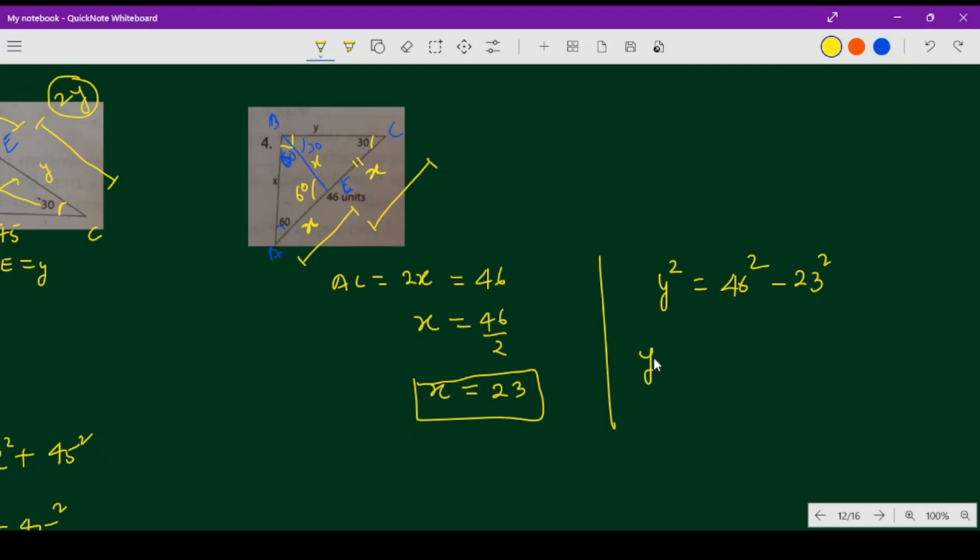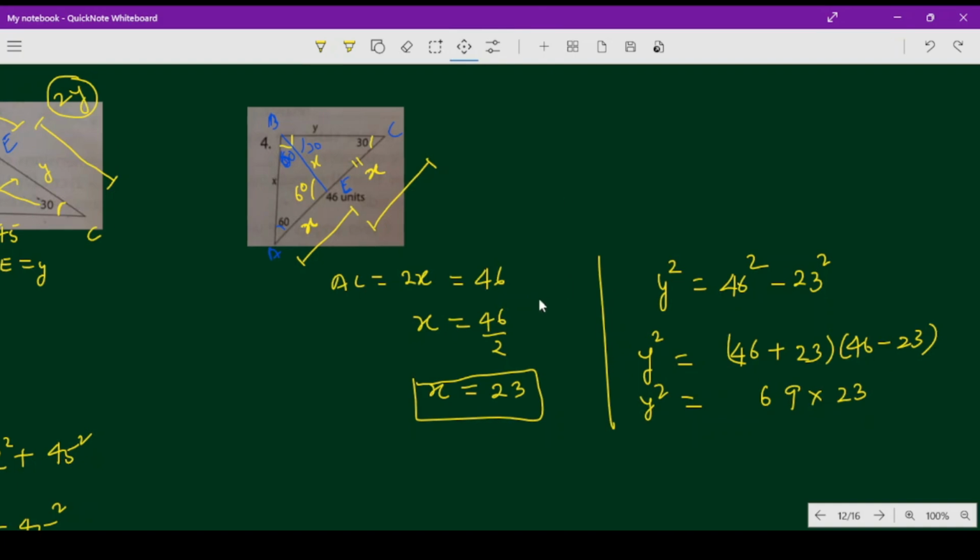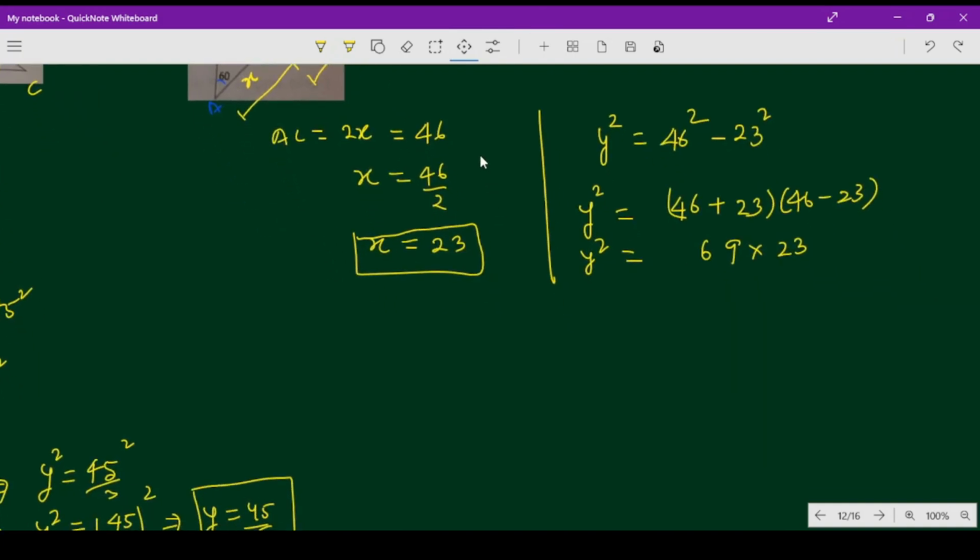If we use the a minus b, a plus b identity, this is going to give us 46 minus 23, which is 23, and 46 plus 23, which is 69. So y square is equal to 69 into 23, and 69 is nothing but 3 times 23.